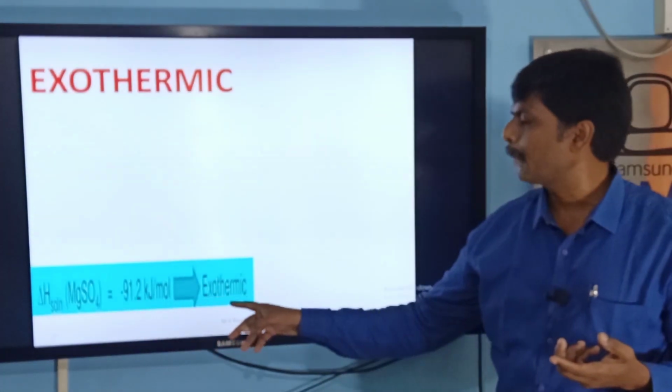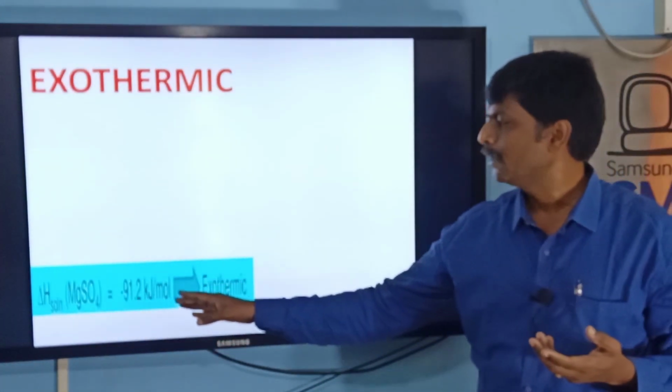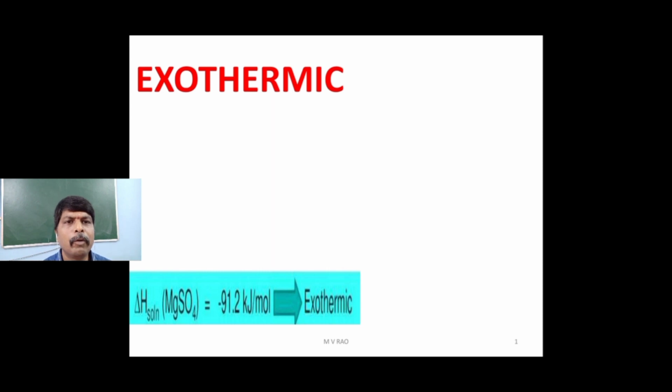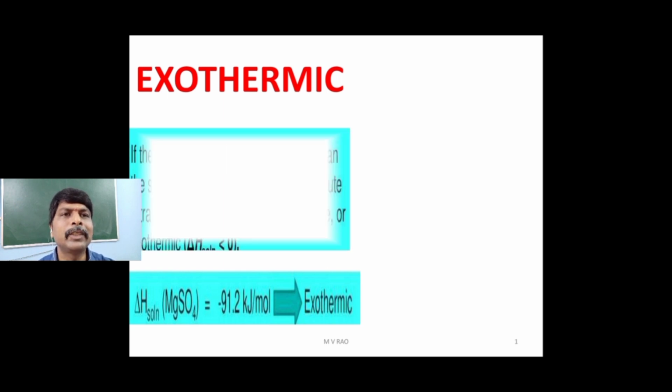It is an exothermic process. If you dissolve 1 mole of magnesium sulfate in excess solvent, heat energy is liberated. So that's why the enthalpy of solution is exothermic.